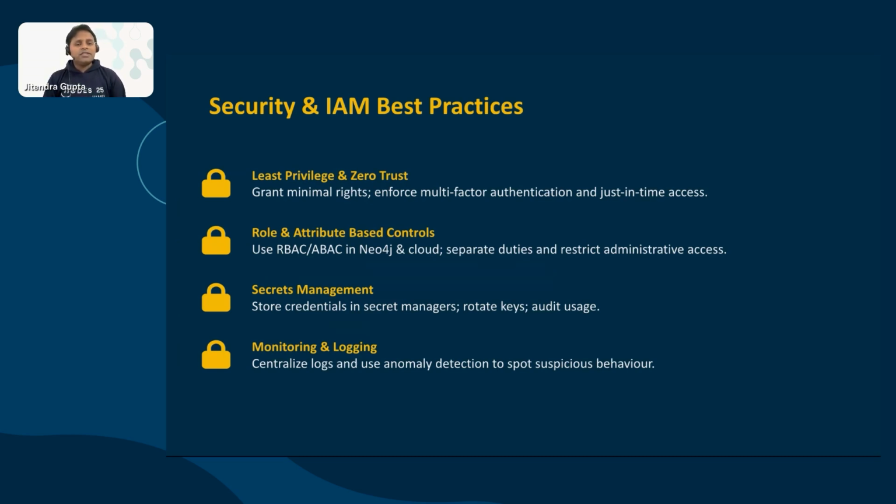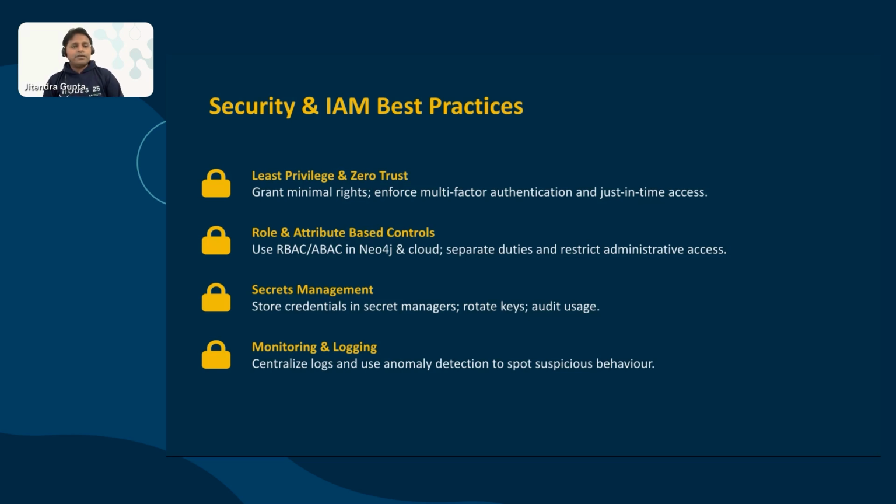Now, what are going to be the security and IAM best practices here? While we are working on any of these approaches, we need to have least privilege and zero trust enabled for any of these communications that we establish, which could be like providing the minimal permissions to the agents by enabling MFA, and in some scenarios it can be just-in-time access as well.